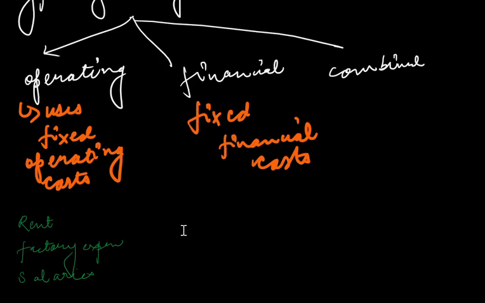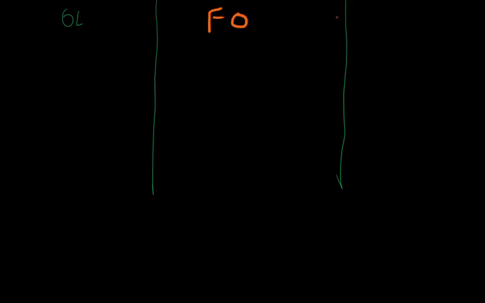Now coming back to the comparison, let's compare them. We can write the comparison here itself. I'm drawing lines in between. This is your operating leverage, this is your financial leverage, and this is the combined one.